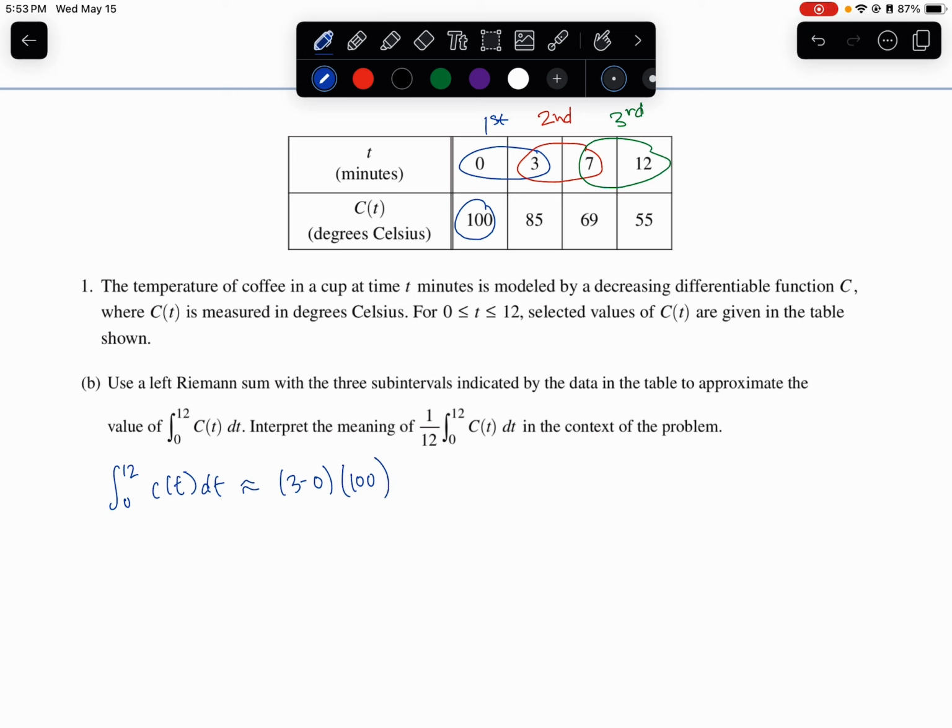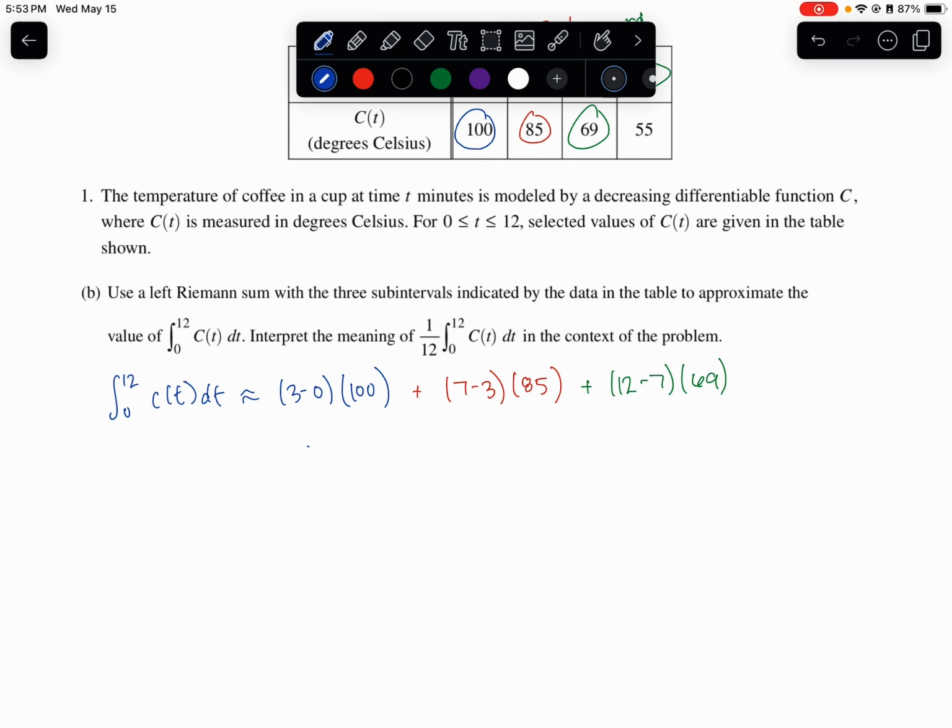So that would be our first rectangle right there over our first interval, and then we're going to have the interval from 7 to 3. We're going to multiply that by 85, again using the left side of this interval. And then we're going to have our next interval, which would be from 12 to 7. And using the left side of that interval, that'd be 69. Okay.